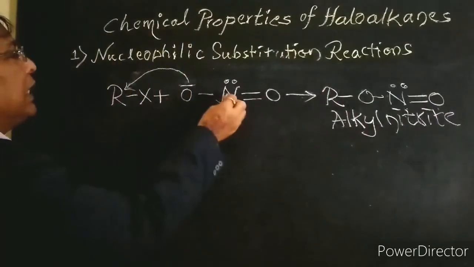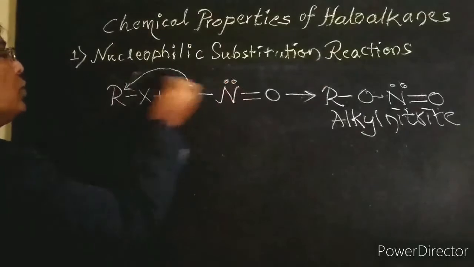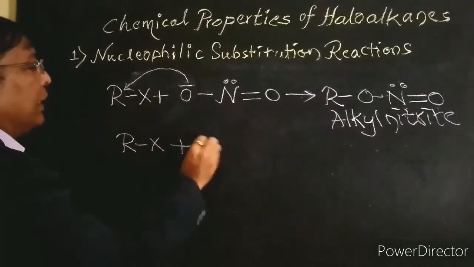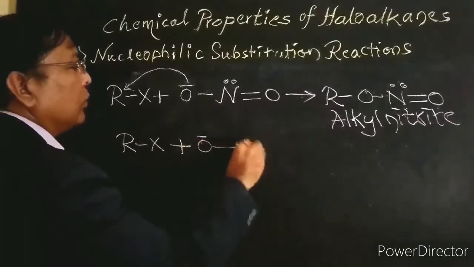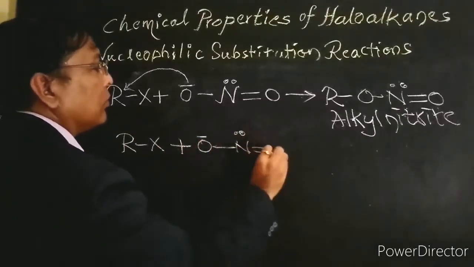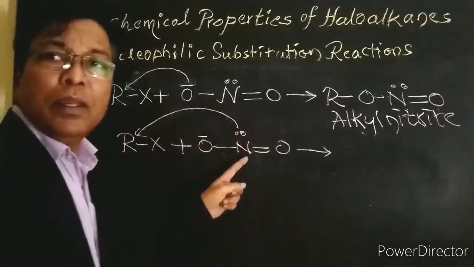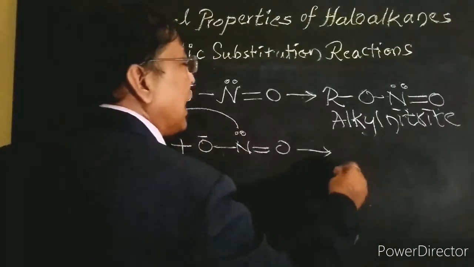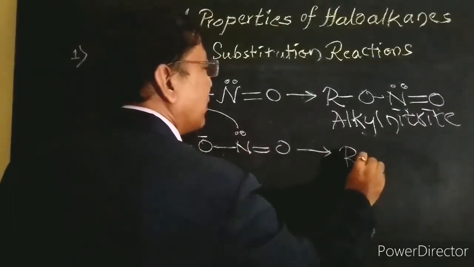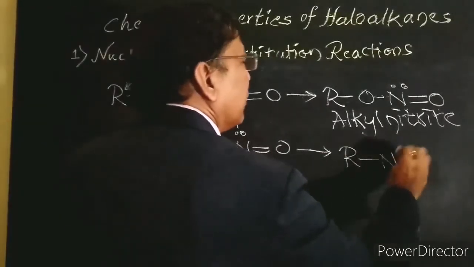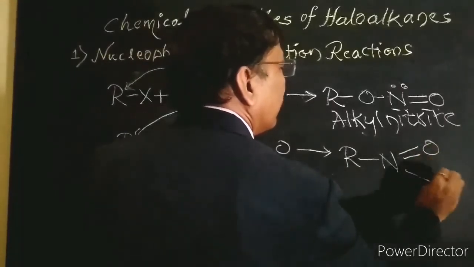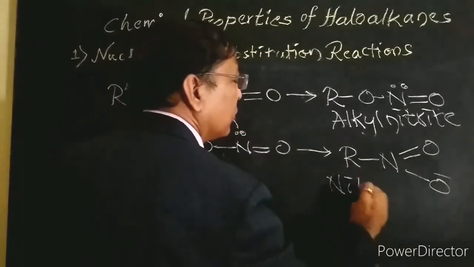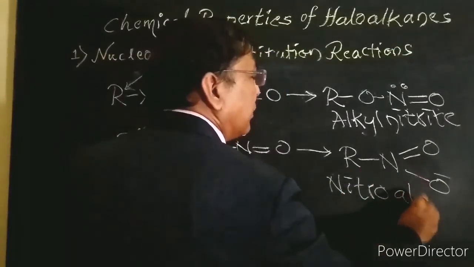If the linkage takes place through nitrogen, we get nitroalkanes, that is R-N(=O)O minus. This is called nitroalkane.